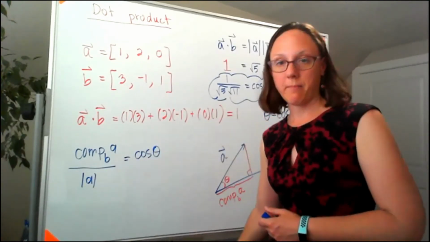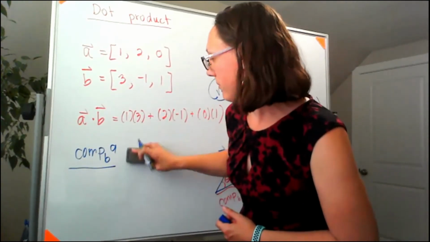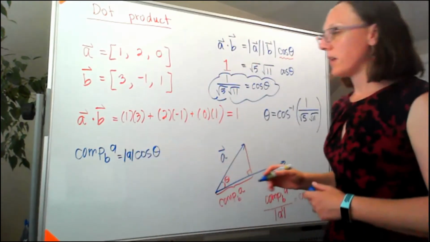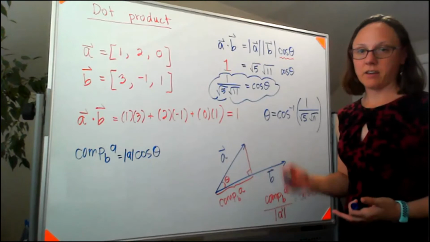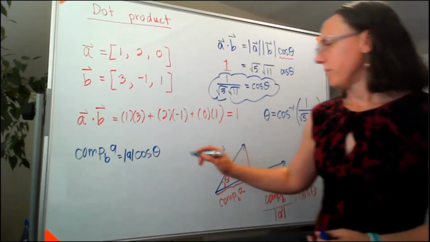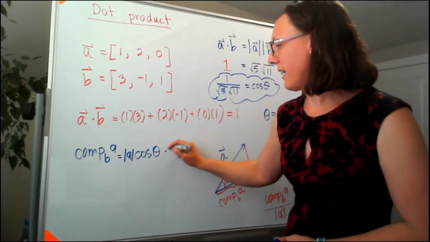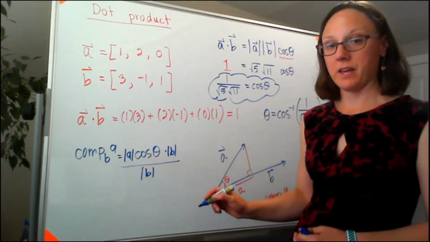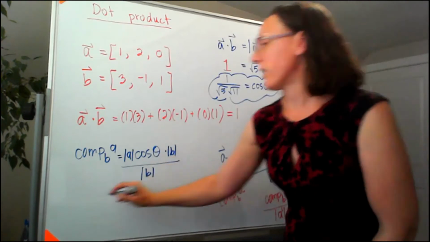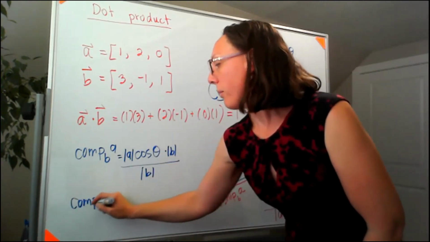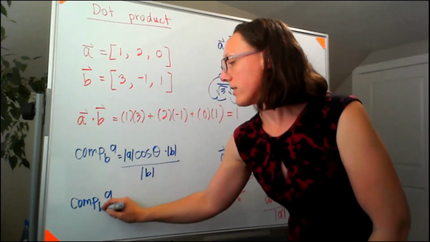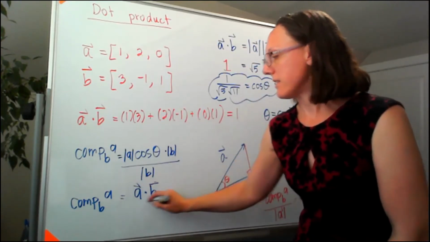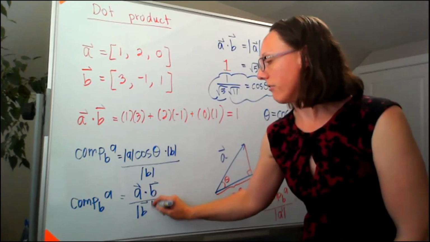If I multiply that magnitude of A over, then that almost looks like my dot product if I multiply by a magnitude of B and also divide by a magnitude of B. So the other way to look at this is that my scalar component of A onto B is A dotted with B divided by the magnitude of B.